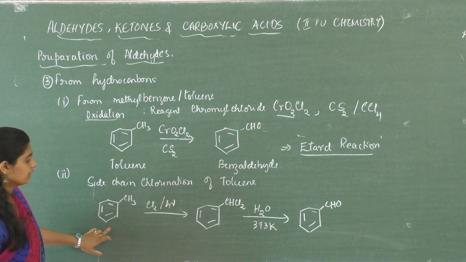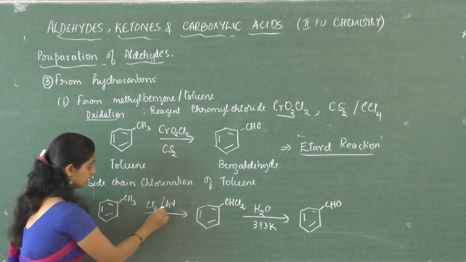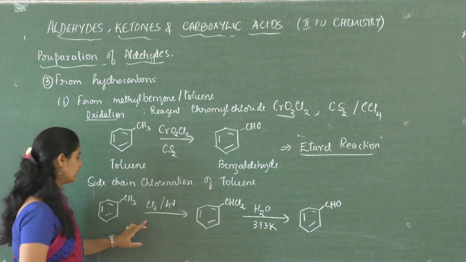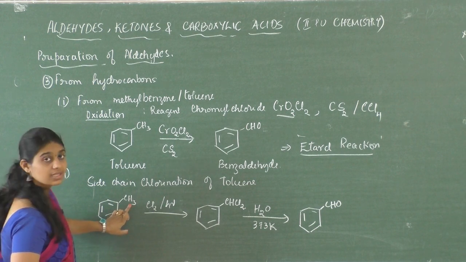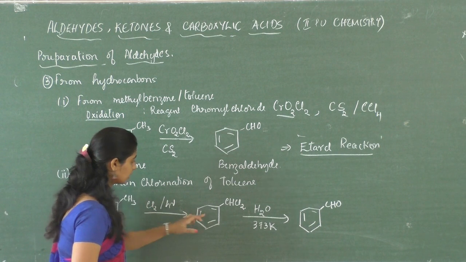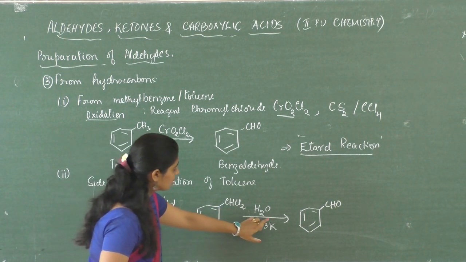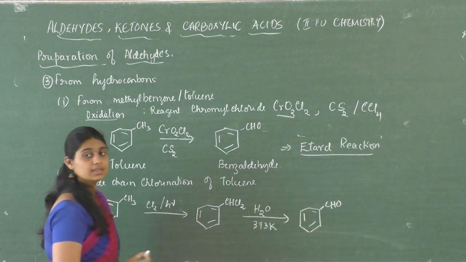So toluene, when it is chlorinated in the presence of sunlight, side chain chlorination occurs, and that means chlorination occurs at this carbon. So two hydrogen atoms are replaced by chlorine, CHCl2 forms, which on hydrolysis will give benzaldehyde as a product.